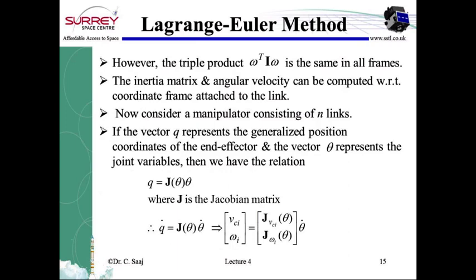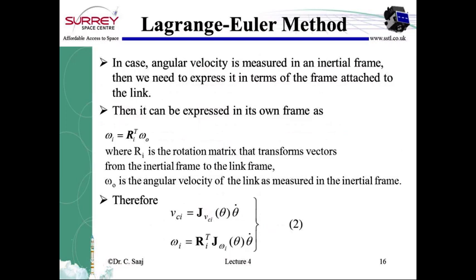Next, if you write the expression for the angular velocity omega i, then with this additional transformation, we have the relation R i transpose J omega i theta dot. So this is a generic expression for the linear velocity as well as the angular velocity.